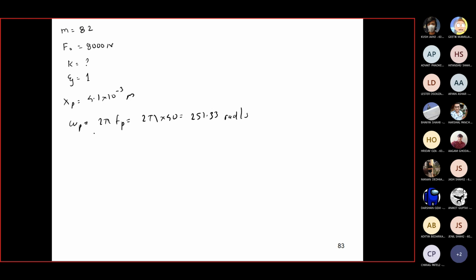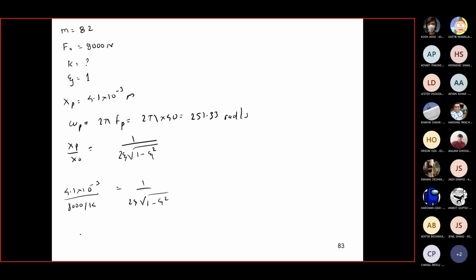Right, so let's calculate the stiffness and the damping ratio. So xp by x0, we have maximized this term, if you recall, is 1 upon 2 zeta square root of 1 minus zeta square. So xp is 4.1 into 10 raised to minus 3, and F0 by k is equal to 1 upon 2 zeta square root of 1 minus zeta square.